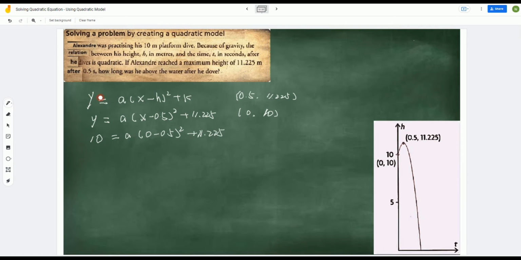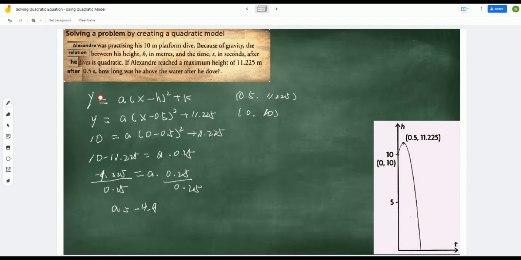We move 11.225 to the left, so it turns the sign. 10 minus 11.225 equals a times 0.5 squared, which is 0.25. So negative 1.225 equals a times 0.25. Dividing both sides by 0.25, a equals negative 4.9.